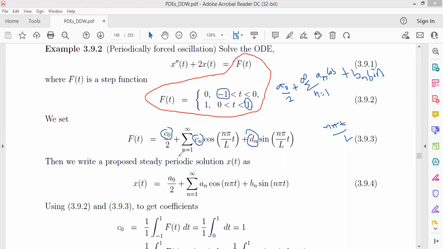Please be mindful that the C naught, the Cn, and the Dn are the Fourier coefficients we referred to in the previous lectures as a naught, An, and Bn. I hope I'm clear there.